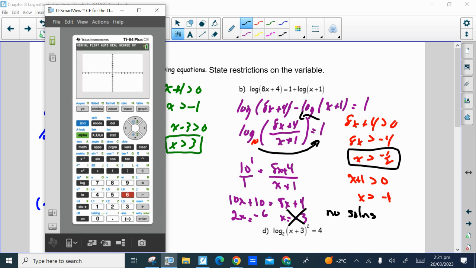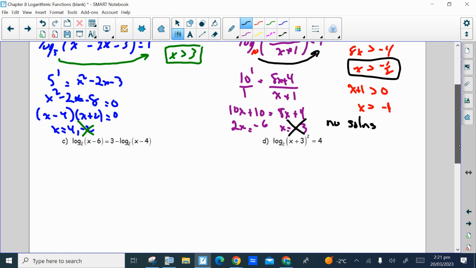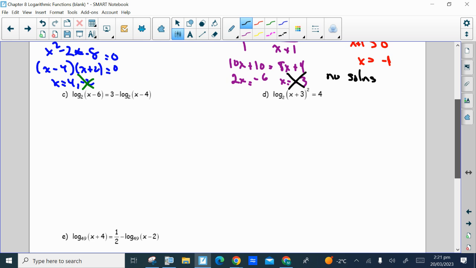If I go zoom 6 to set my window to the standard settings, it doesn't look like they ever cross. Second function, trace, number 5 for intersect, enter, enter, enter. There is no point of intersection, no solution. Okay? So you can also use your graphing calculator to verify solutions.